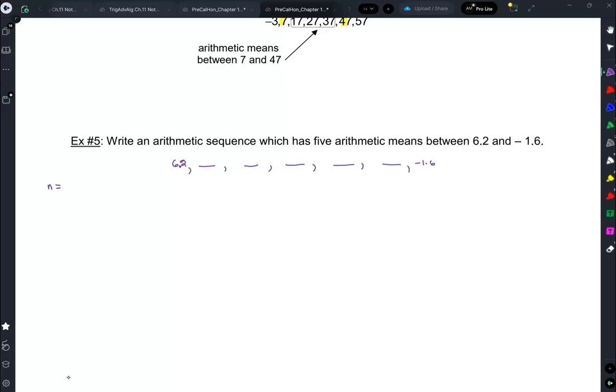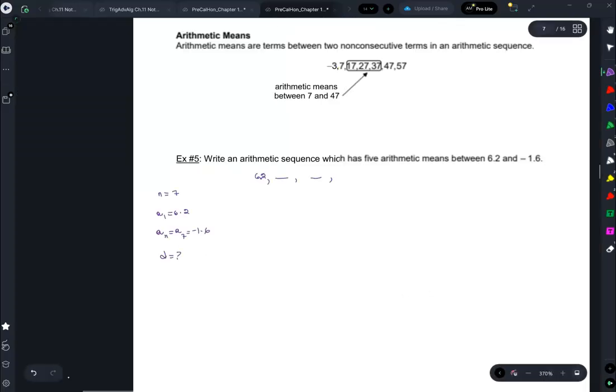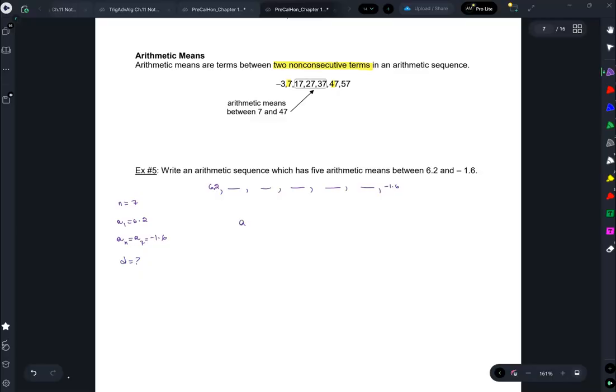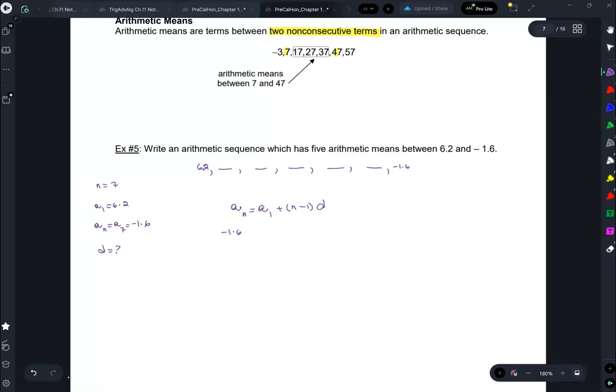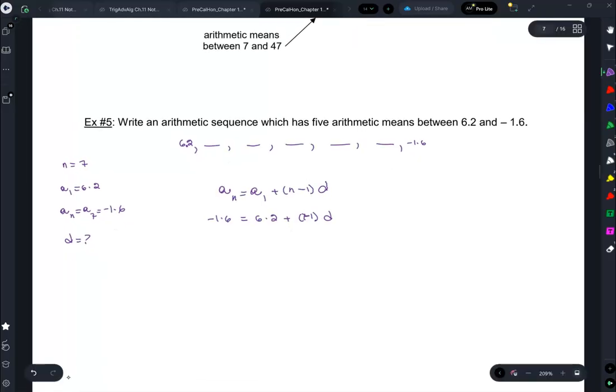So n equals 7, okay? A1 is 6.2. A sub n is basically A sub 7. And you need to find D, right? So negative 1.6 equals 6.2 plus 7 minus 1 times D. So again, exactly what we said.